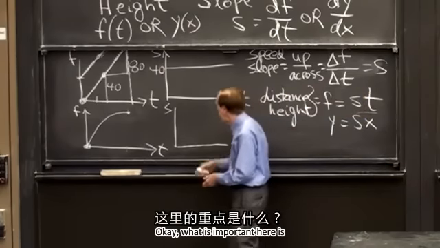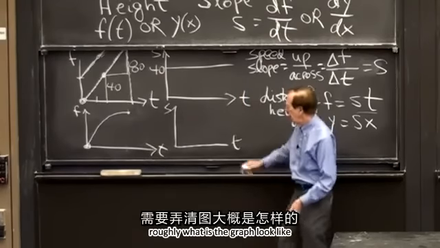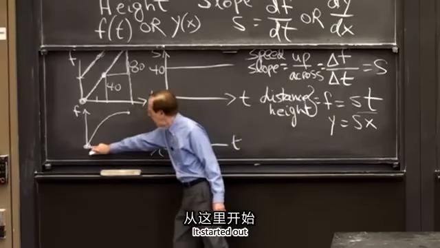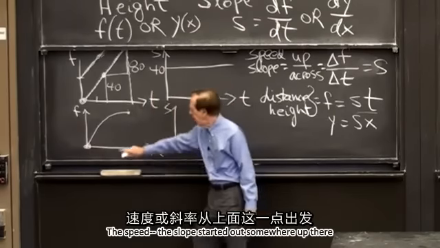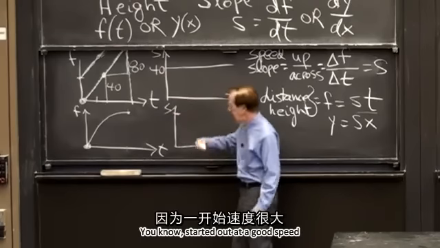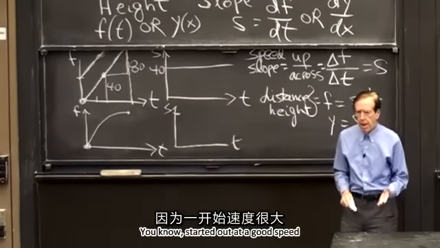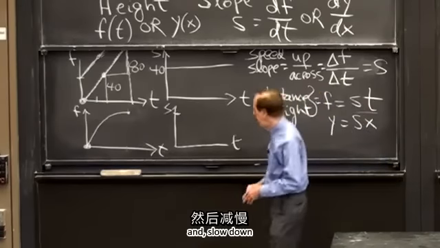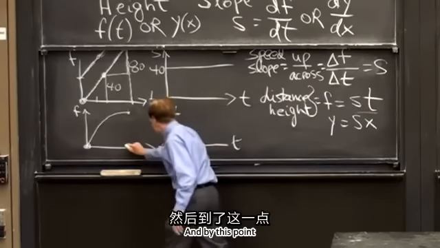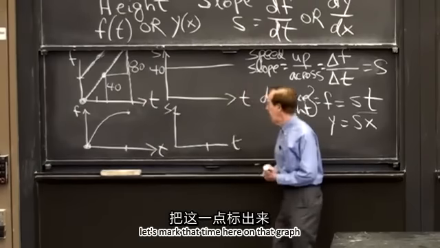Okay, what is important here is, roughly, what does the graph look like? Well, it started out, the speed, the slope, started out somewhere up there. It started out at a good speed and slowed down. And by this point, let's mark that time here on that graph.